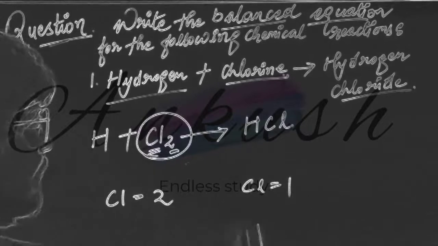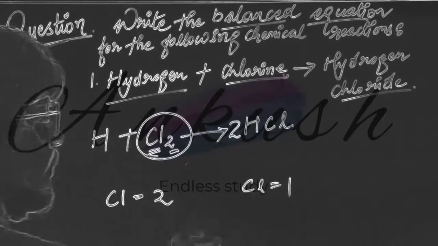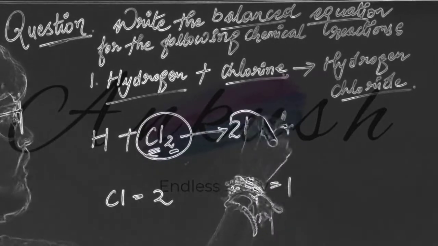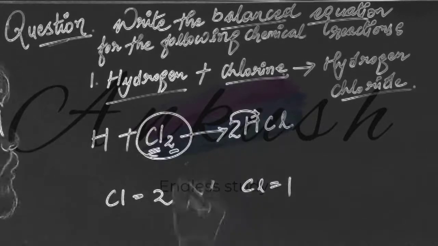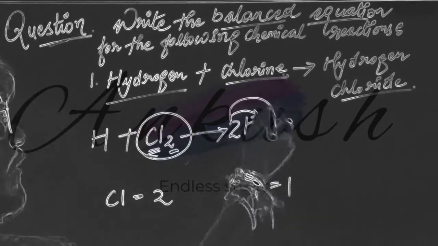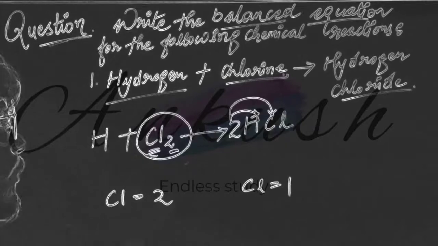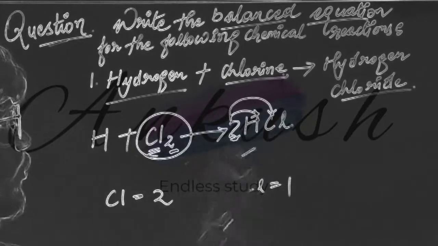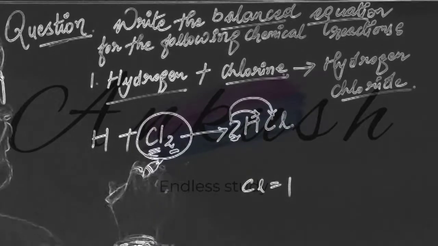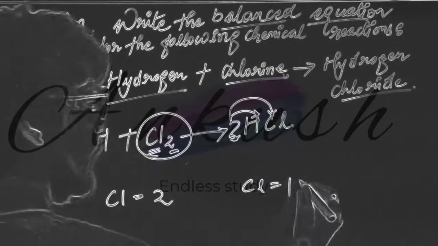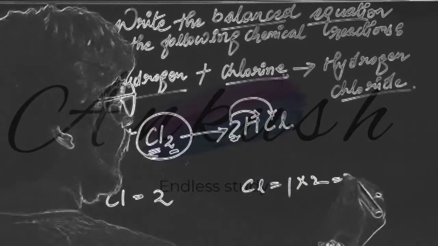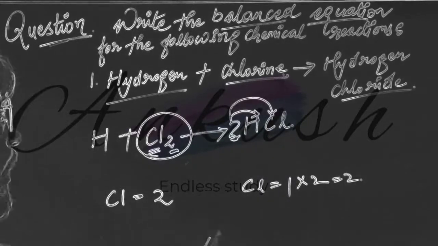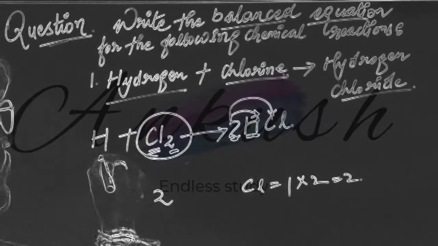So what we have to do, if we write 2 here, so 2 will get multiplied to the whole. It will get multiplied to the hydrogen also, and to the chlorine. So if we write 2 here, what happens? Here chlorine 2 and here also chlorine 2. Now chlorine is balanced. Now we talk about hydrogen.